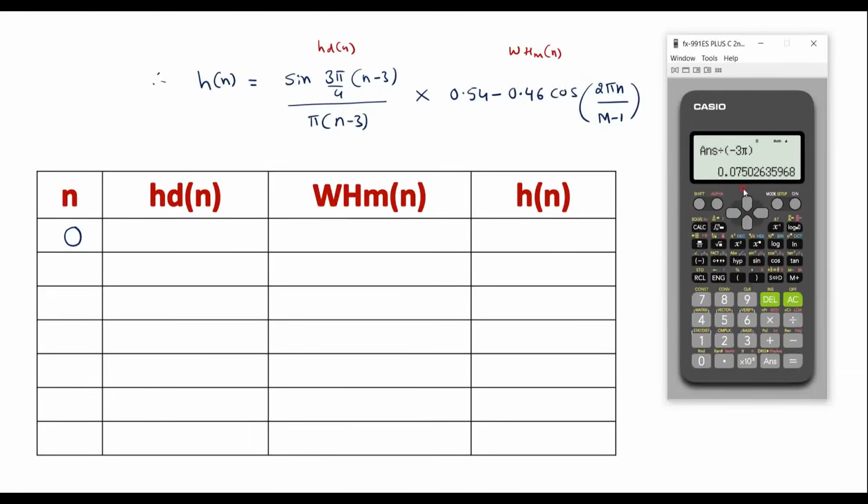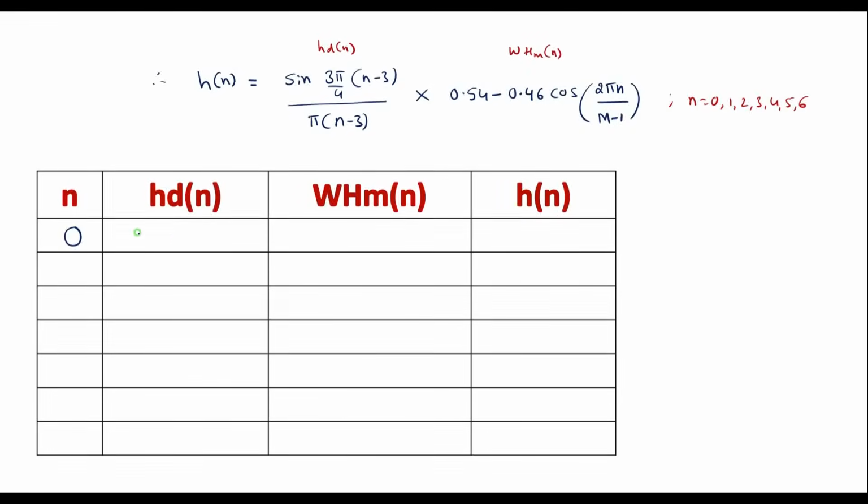The result will be 0.075. So hd of n value is 0.075.